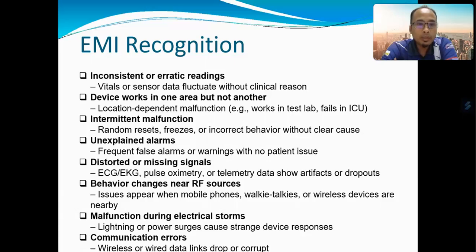Location dependent malfunctions, for example, it works in the test lab, but the medical device fails in the ICU, right? And thirdly, intermittent malfunction. Maybe we can see a random reset, freezes, or incorrect behavior without clear cause, right?